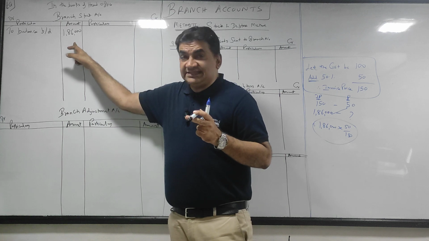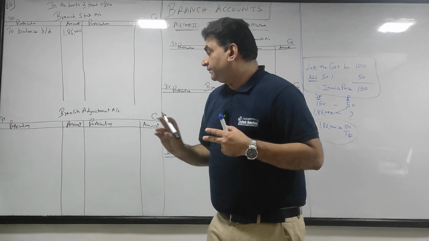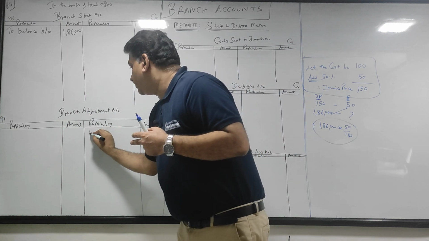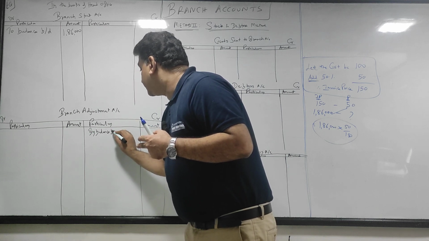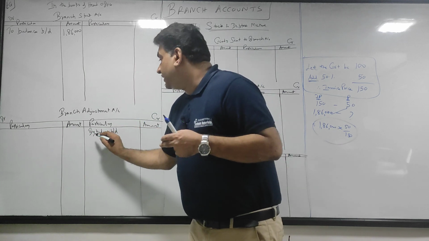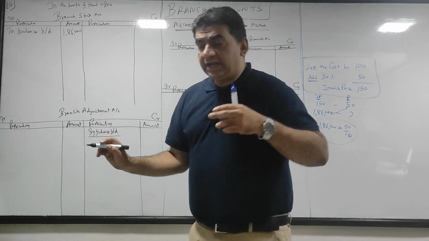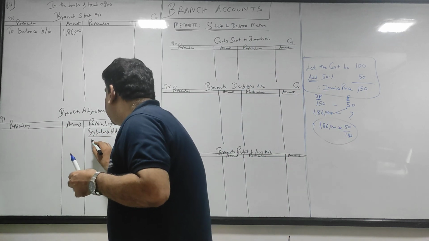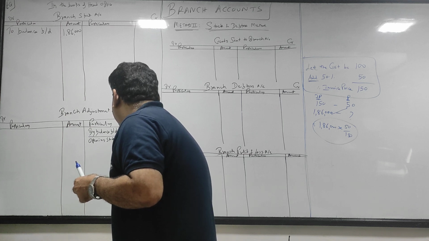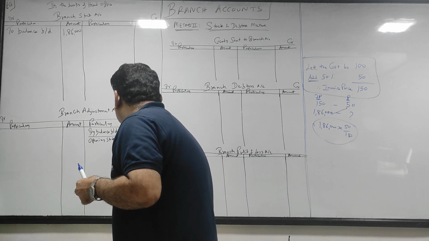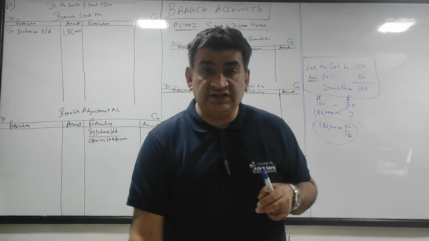Now you cannot cancel it. So what you will do, come to the credit side of branch adjustment, right there, by balance brought down, you can underline for your reference, and right there, opening stock reserve. Okay, you all have done this earlier.